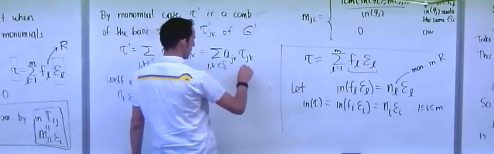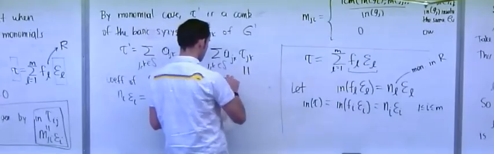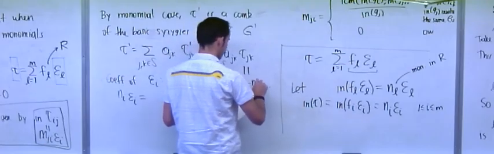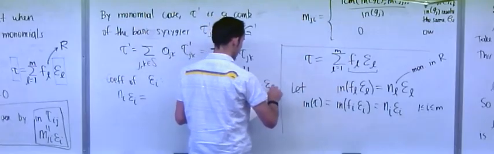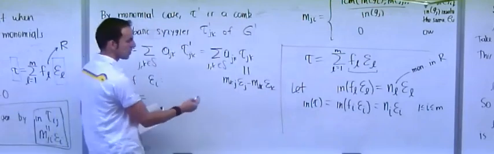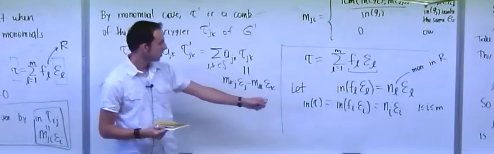Well, if you look at what tau jk is, tau jk looks like this: m_kj epsilon j minus m_jk epsilon k. So if you want to produce an epsilon i, then either j has to be i or k has to be i.